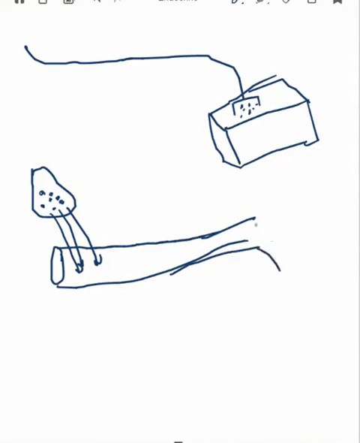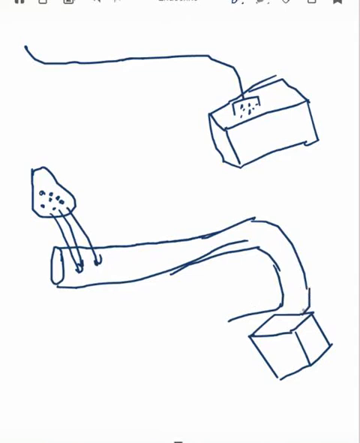And then I'll draw this down, and maybe I have my target cell down here with a receptor on it. The circulatory system will then circulate the hormones to wherever their targets are. So the endocrine system is more of an indirect way of controlling or influencing, versus the nervous system, which is really a direct way of controlling things.